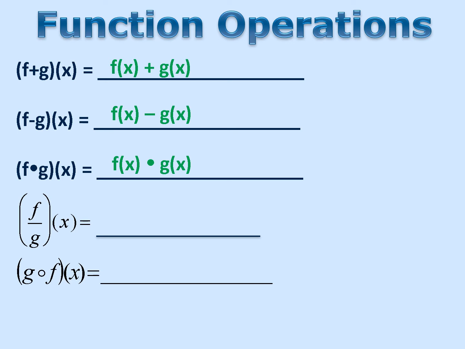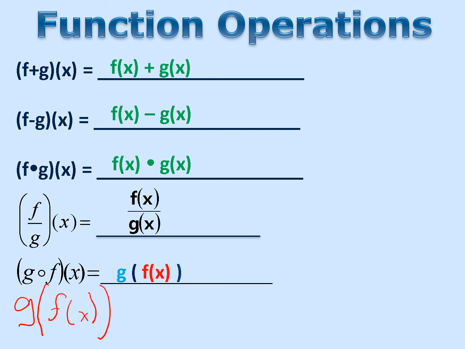Well, guess what the next one's going to be? f divided by g of x is the same as f of x divided by g of x. And then lastly, f of g of x. Now, I want to point something out. Another way you may see this written is f open circle g of x.